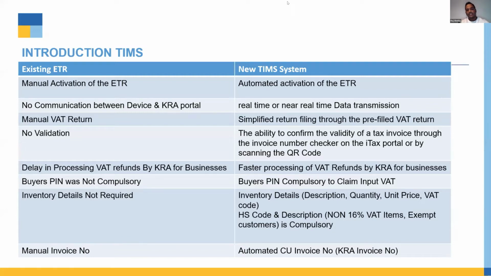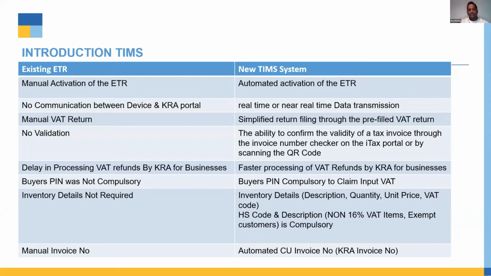Okay. The second major difference is that there is no communication between the device and the KRA portal. The previous ETR, the existing ETR and ESD, is not connected to the KRA portal directly. But the new one which is coming is directly connected to the KRA through Wi-Fi, data or Ethernet internet.